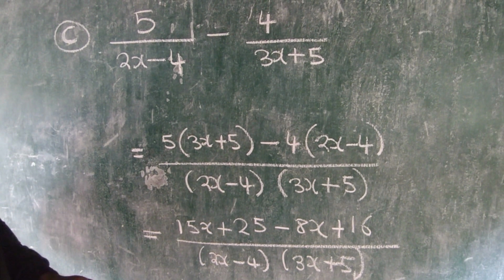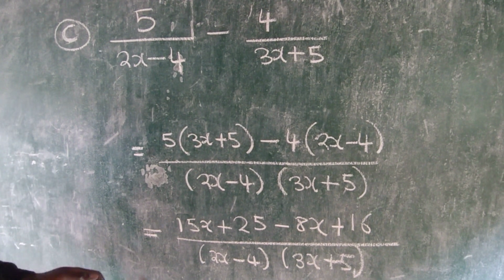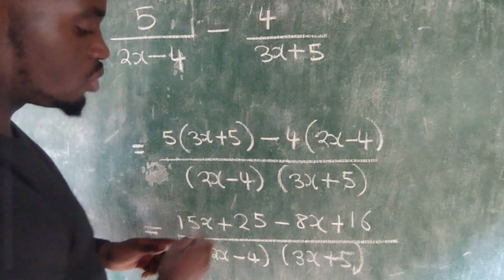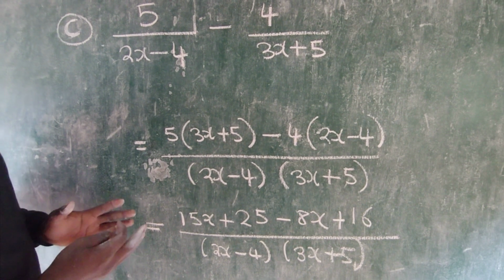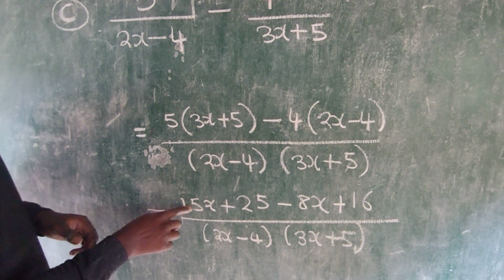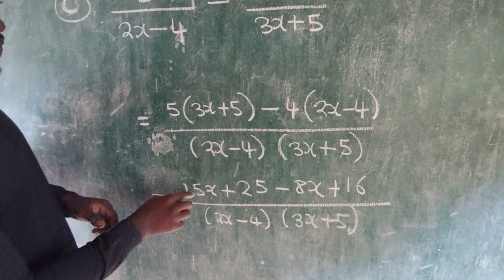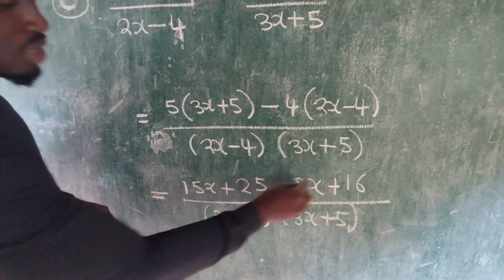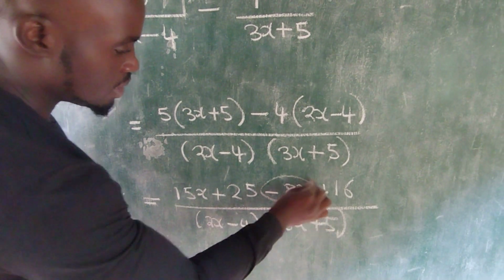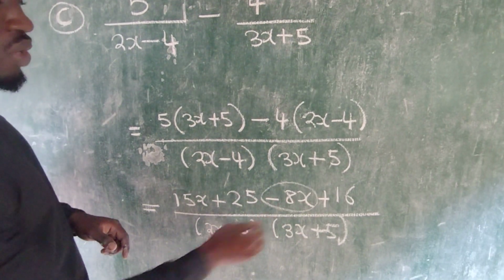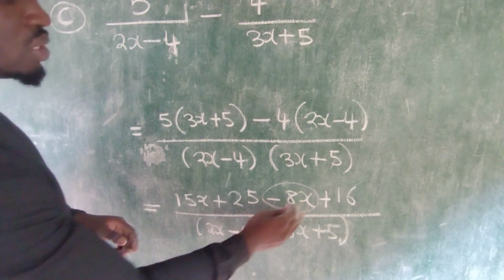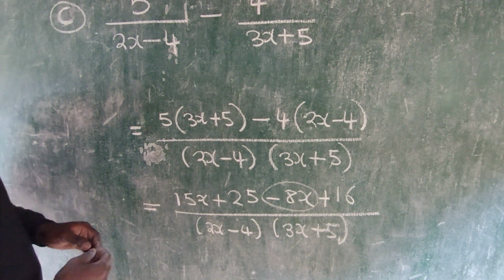What is next here? We are going to look at the terms that we have on top. Okay, let's see which ones are the right terms. This 15 is having a x there, so this is 15x. The right term of this is this, negative 8x. Okay, you can see I've circled with the sign because it will be moving within the expression.